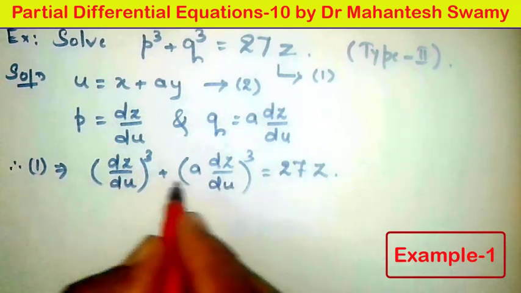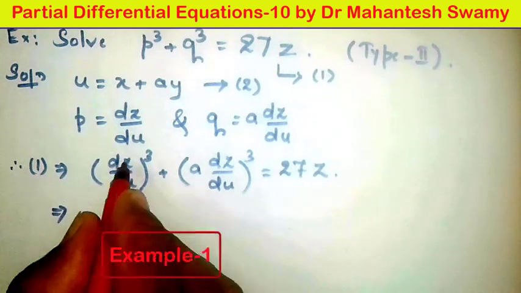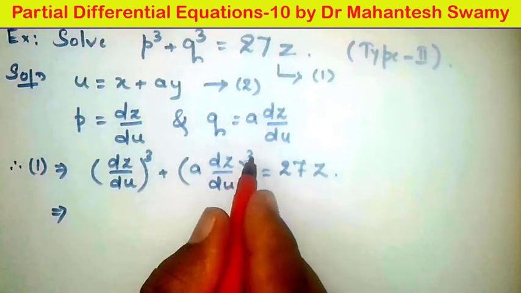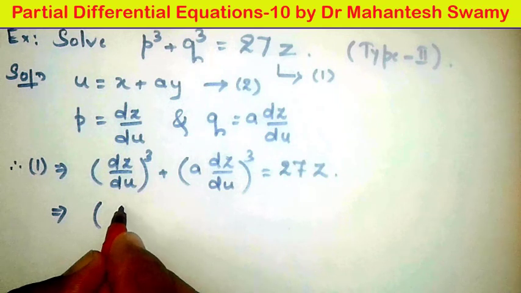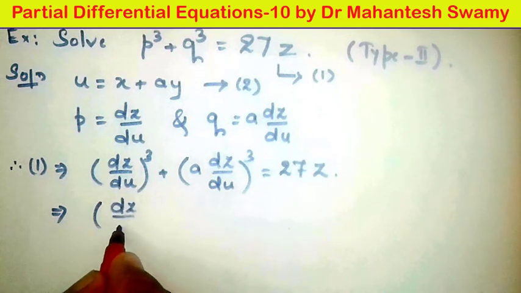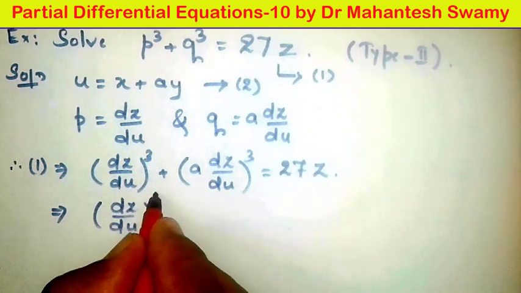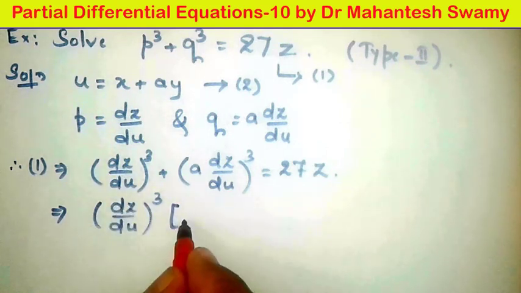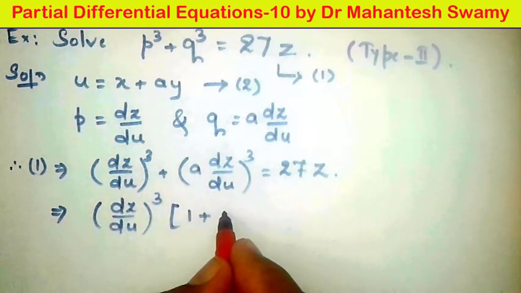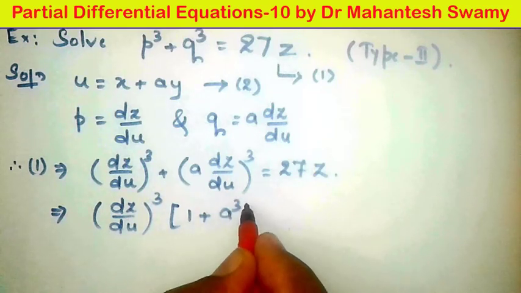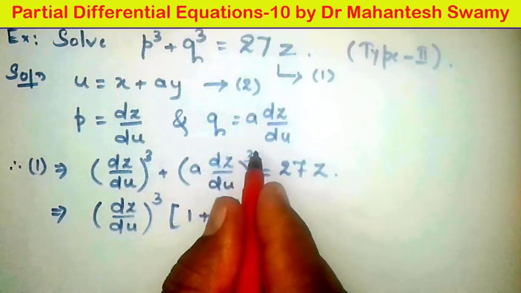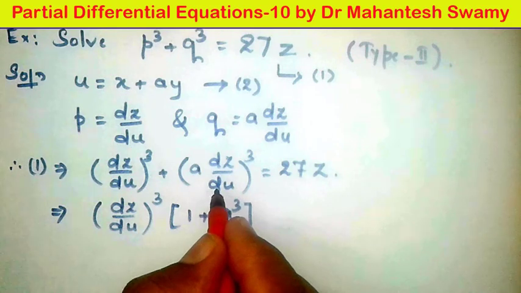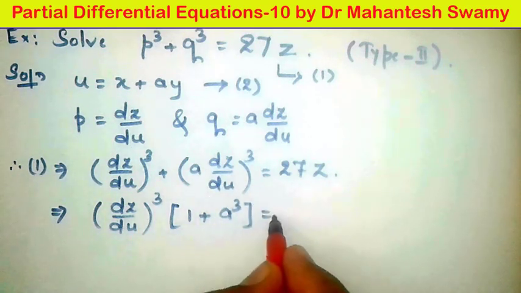So now we have to simplify the terms over here. (dz by du) whole cube is a common factor. Let us write it outside, (dz by du) whole cube. When we take it outside, within the bracket remains 1 for this plus a cube for this, because a into dz by du is whole cube, therefore a cube remains over here, and on the RHS it is 27z as it is.